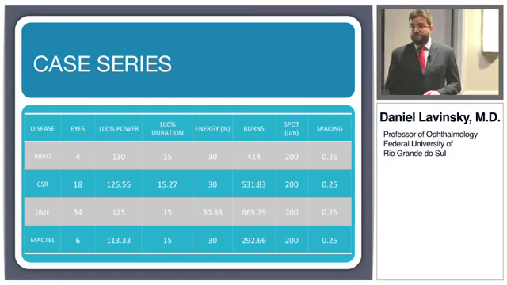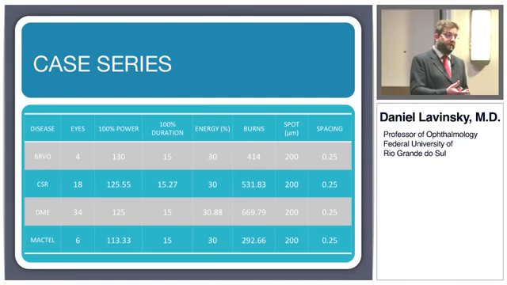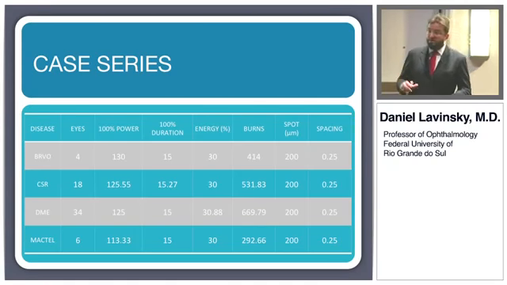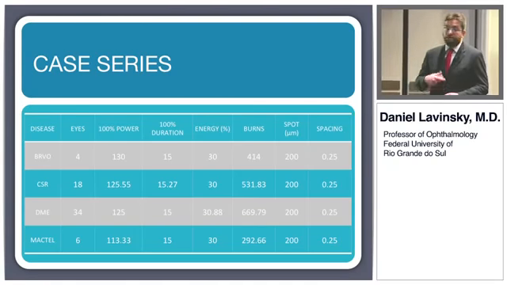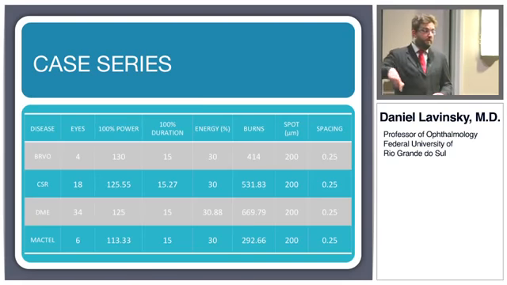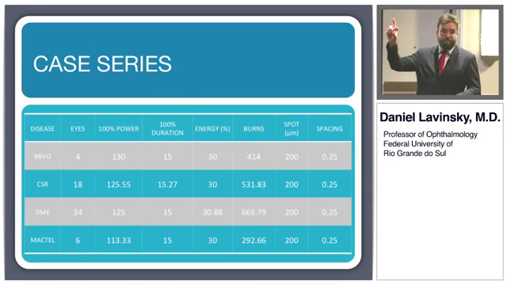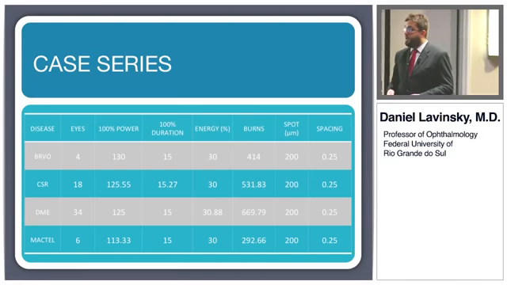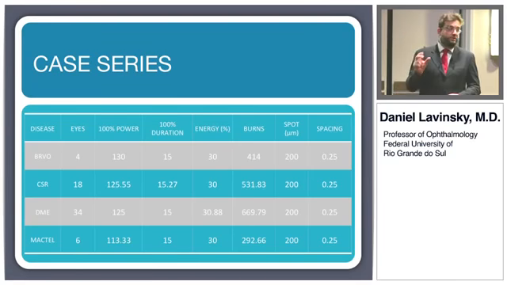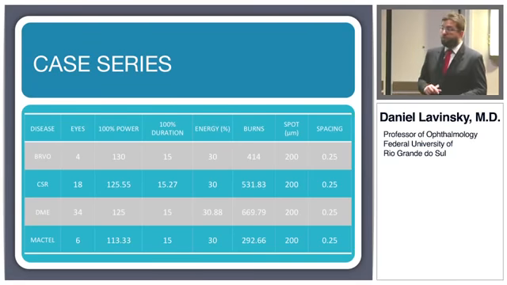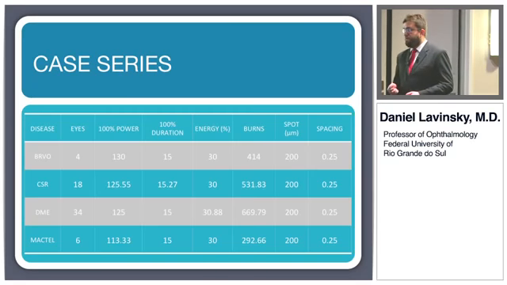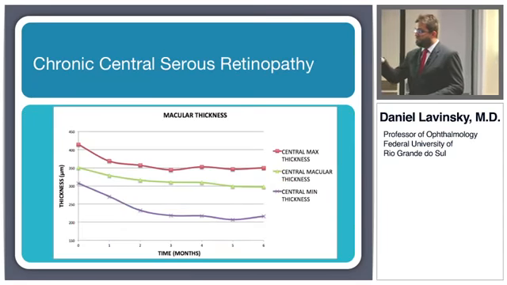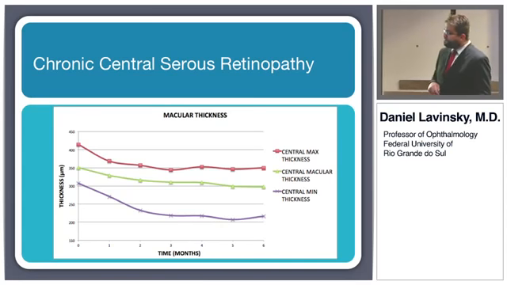It's a very expensive drug. It has a lot of side effects, so really in Brazil we don't use it much. There's conventional photocoagulation if the spot is away from the center of the macula, but with chronic central serous close to the fovea, there's not much to do. Micropulse has a good effect too, and so I'm going to talk about the results.